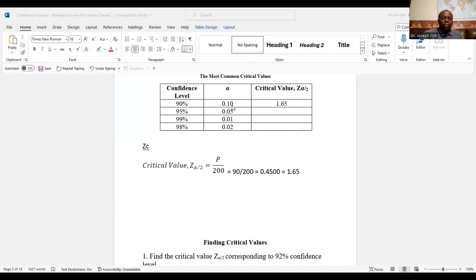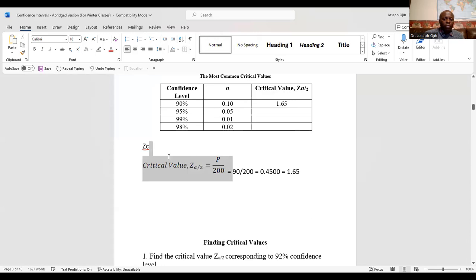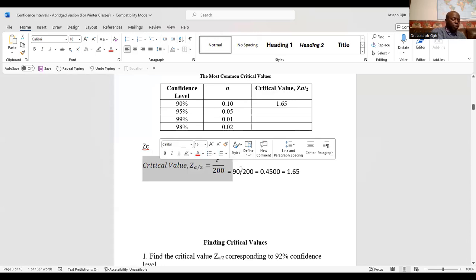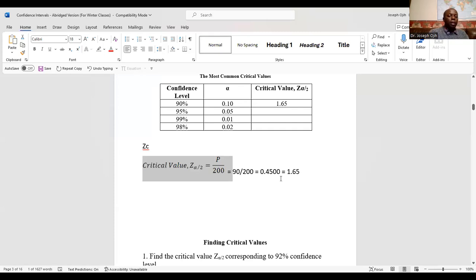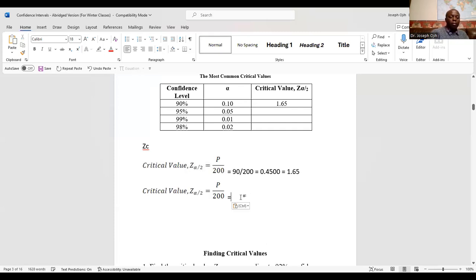Now, the other one says 95% confidence level. We can get the critical value following the same method. I'm going to copy this formula and place it right here.